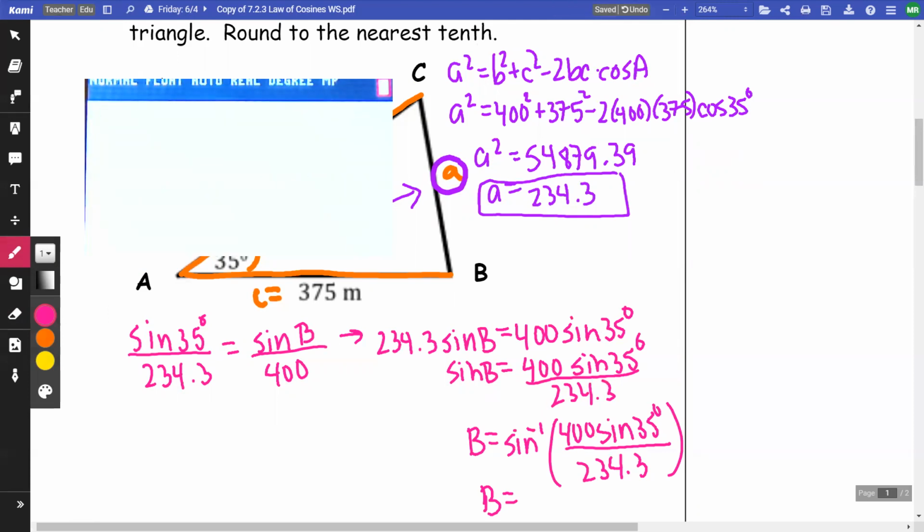So sine inverse of 400 sine of 35, oops, over 234.3.